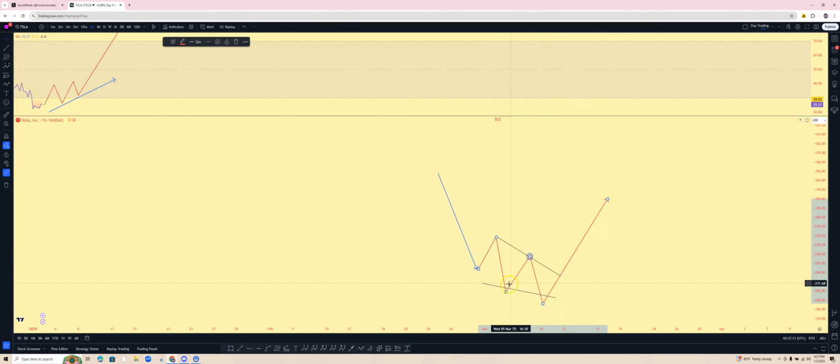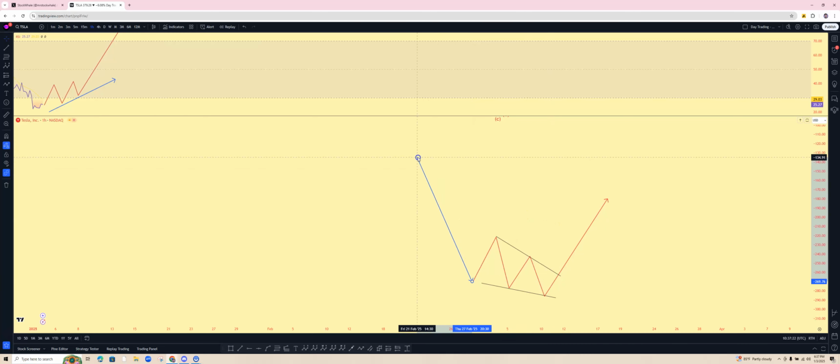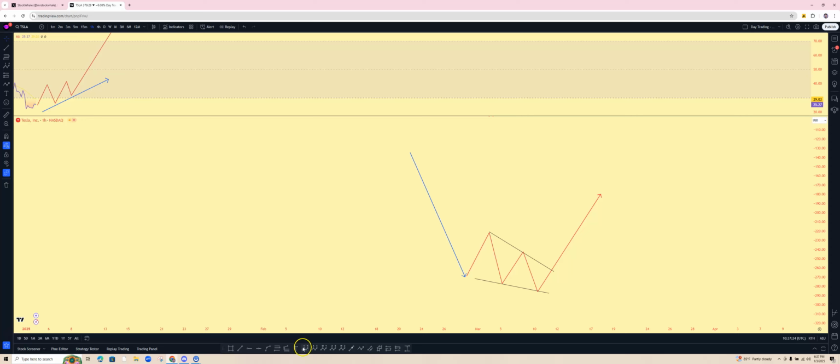Let me make this a little bit cleaner. Something like this, guys. So you get a 1, 2, 3, 4, 5, okay, and then a push towards the upside. All right, you'll see this pattern all day, every single day, the signal bottom.